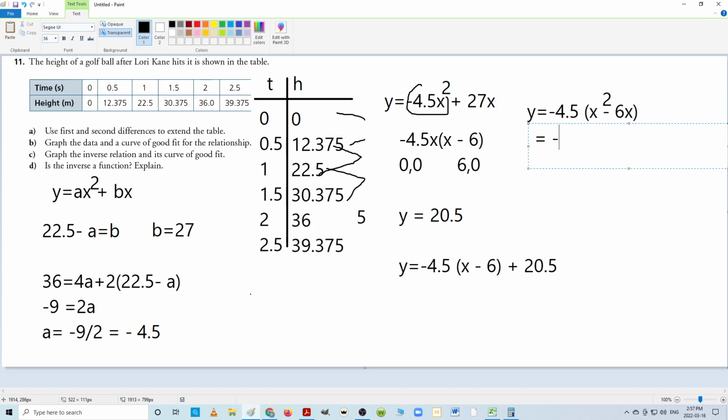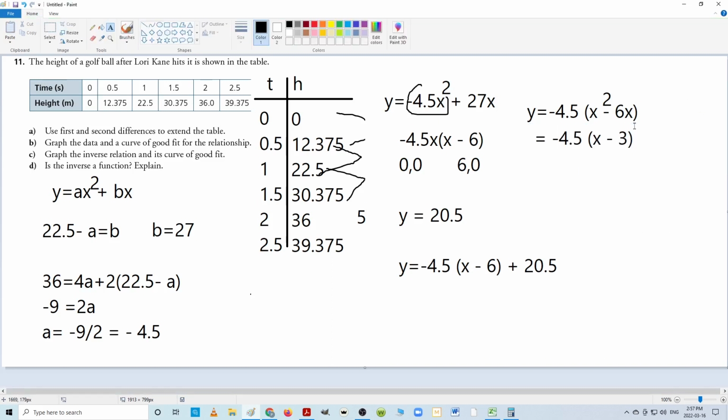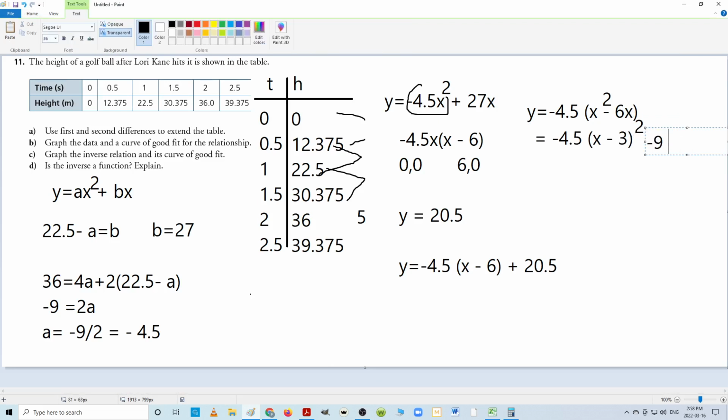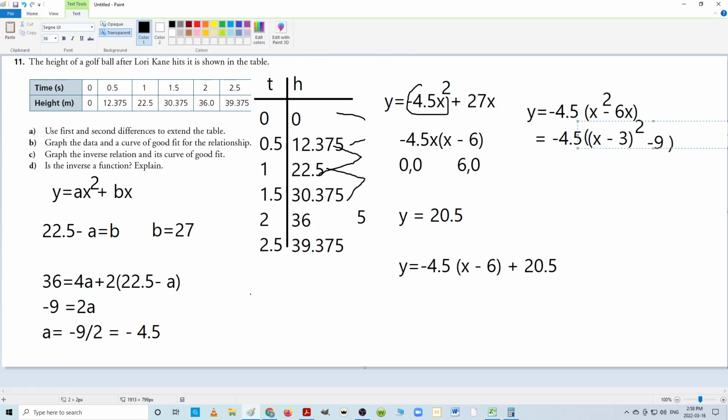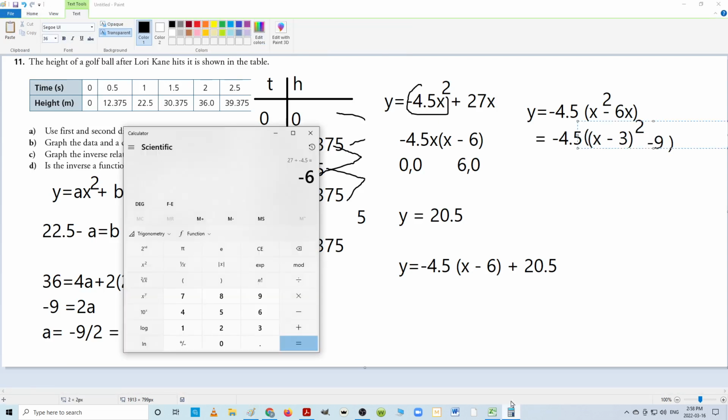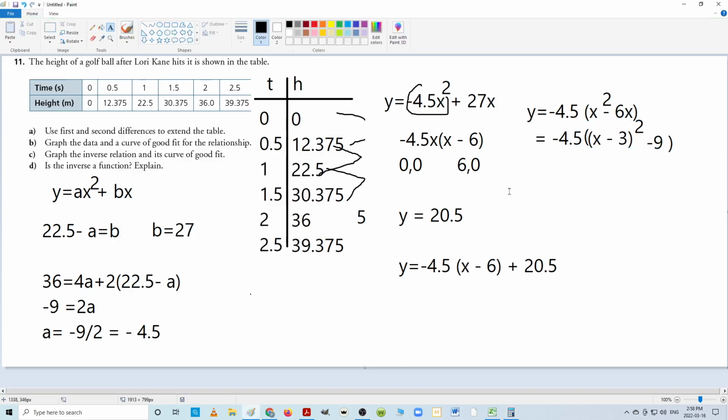When I complete the square, I know I'm going to be dealing with x minus 3 squared. The square of minus 3 is 9, so it's minus 9. But all of that's going to be inside a bracket like that, which means to get that minus 9 out, I have to multiply it by negative 4.5, and negative times minus 9 will become a positive, plus 40.5.